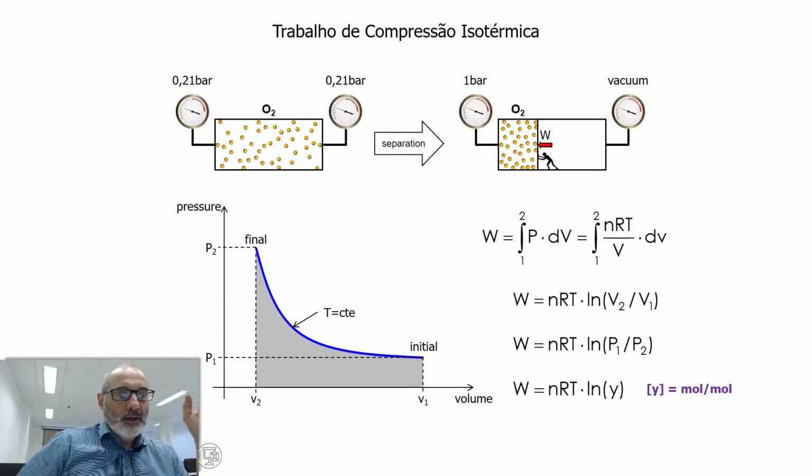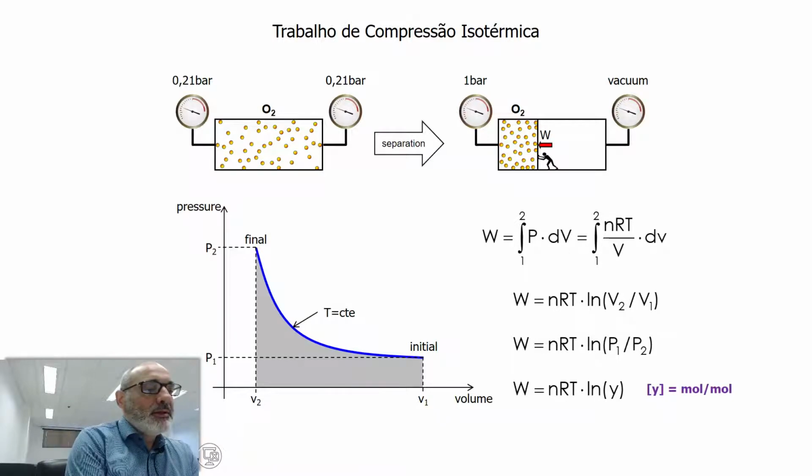We know that the total pressure is the sum of the partial pressures, so partial pressure of O2 plus partial pressure of N2.